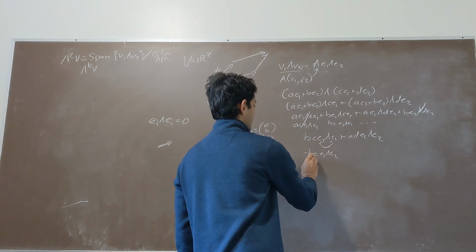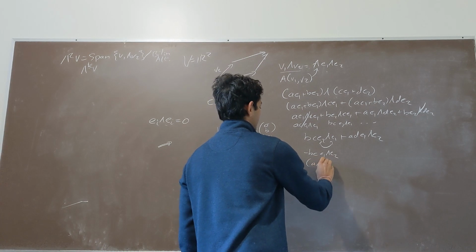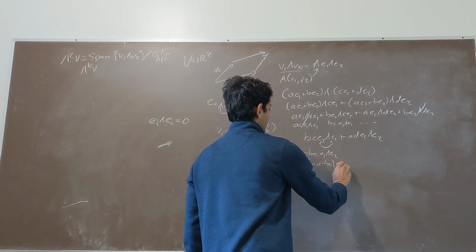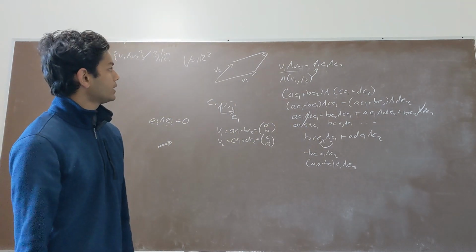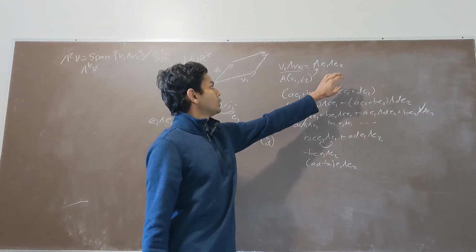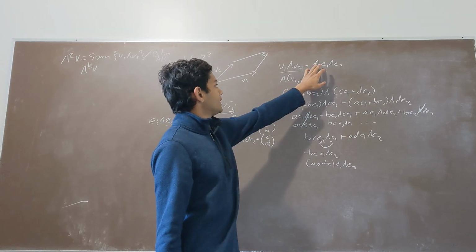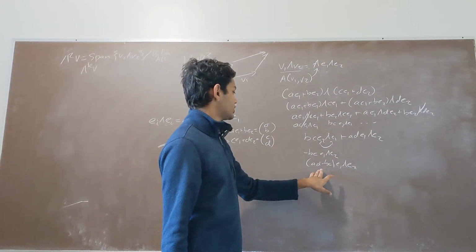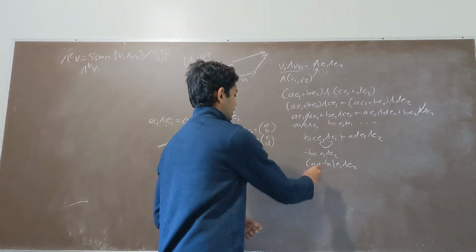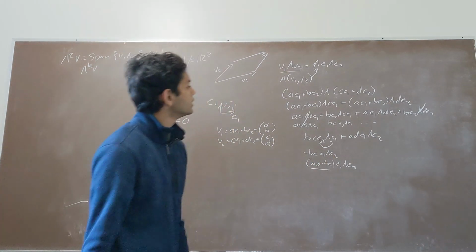And so putting everything together, we get that our final answer is ad minus bc times e1 wedge e2. Okay, so now we finally come to the answer: if we declare that e1 wedge e2 has an area of 1, then the area of v1 wedge v2 is going to be this expression ad minus bc, which is again just the coefficient multiplying this.